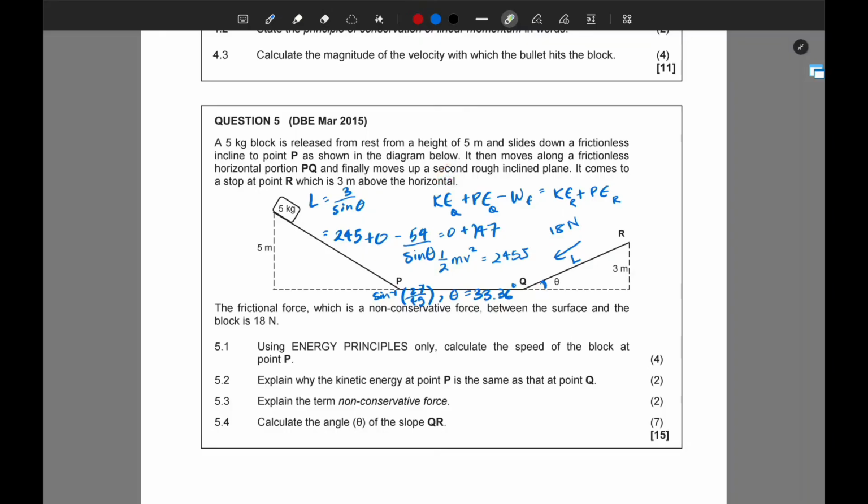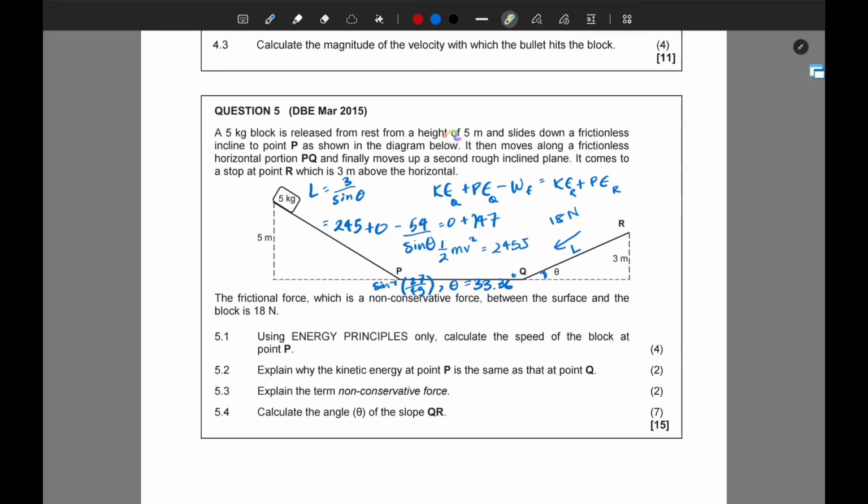Well, we know that the potential energy is going to be mgh, and we can solve the kinetic energy through the kinetic energy formula from our data booklet, half mv squared. We already know the value for that from 5.1 for v.